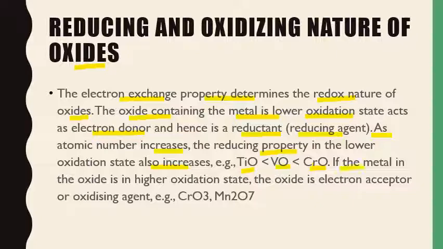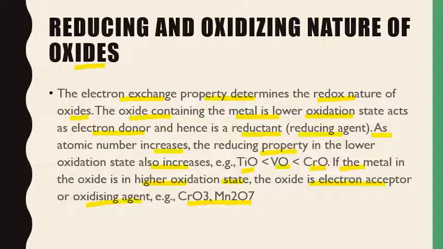And if the metal in the oxide is in a higher oxidation state, the oxide is an electron acceptor, like we can say chromium oxide and manganese oxide, and it acts as a strong oxidizing agent.